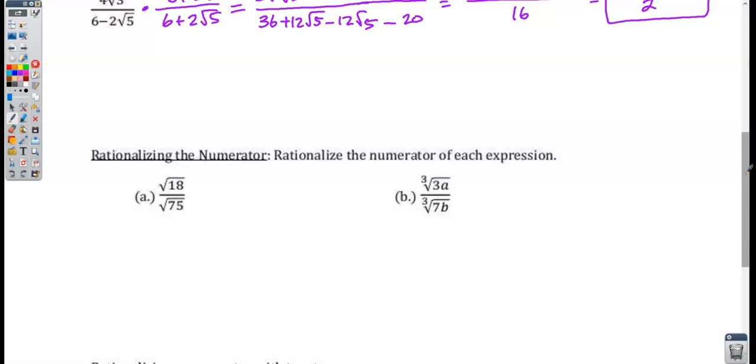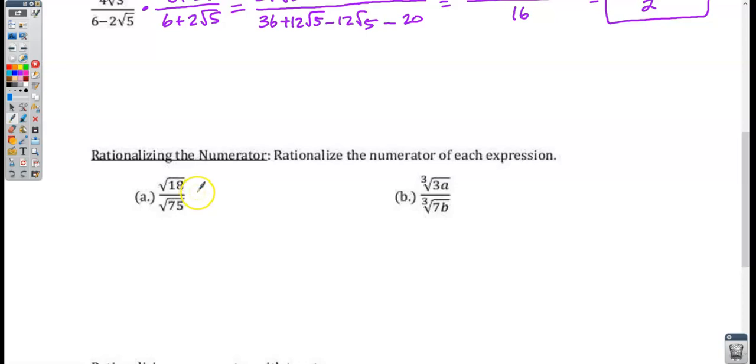We will always pick rationalizing the denominator, and there's a pretty big reason for that that predates all of us mathematically. But we can rationalize the numerator. We're going to do a couple of examples of it here. It's just not something that we do very often. So we're going to go ahead and do that.